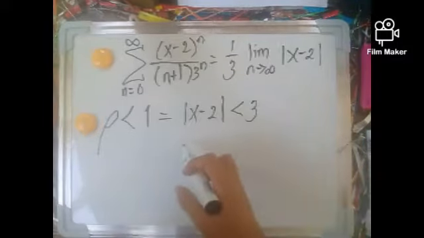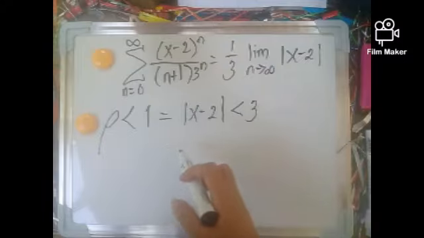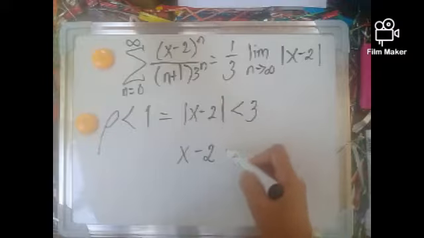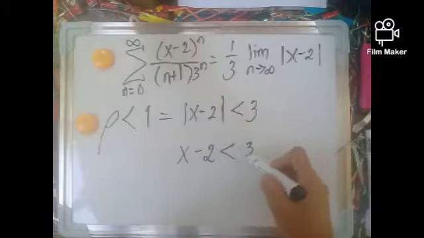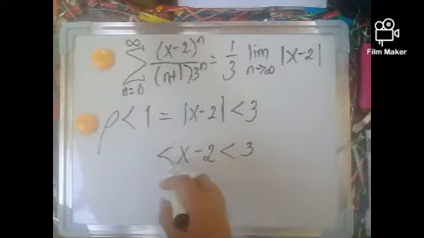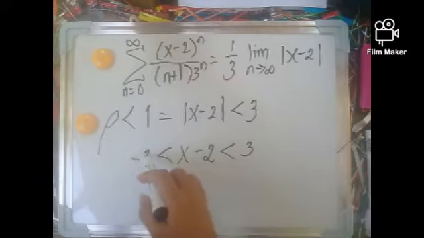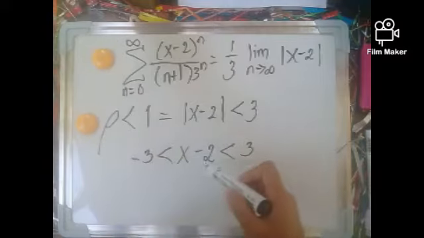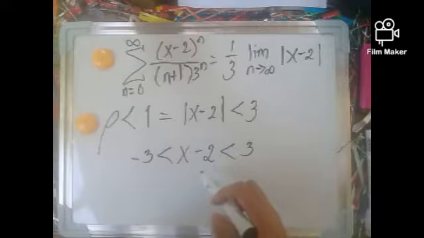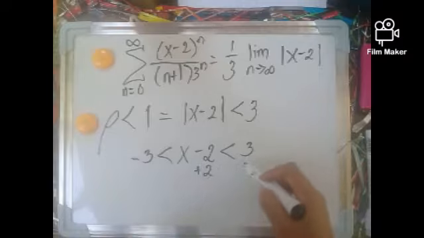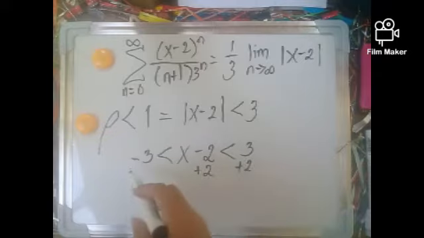So, to compute the interval of convergence, panggigitnaan lang natin yung x minus 2 and then 3. Since positive dito, lalagyan natin sa kabila ng negative 3. So, to cancel yung kasamang constant ng variable na x, we have to add 2 here, add 2 there.